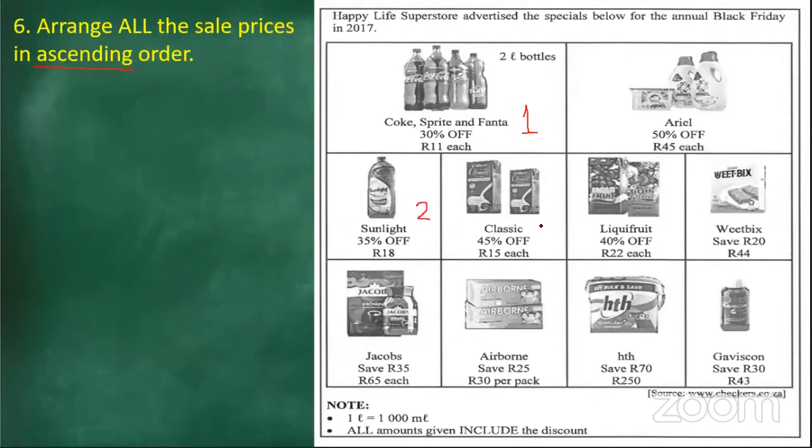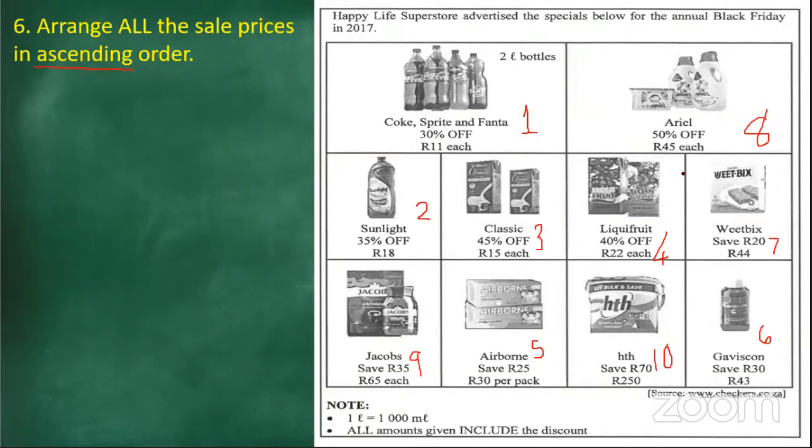Then there's 15 rands, number 3. 22 rands, number 4. 30 rands, number 5. 43 rands, number 6. 44, number 7. 45, number 8. 65, number 9. And 250, number 10.